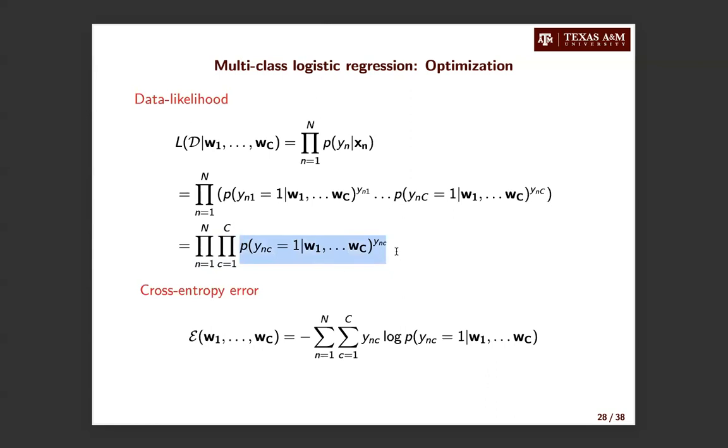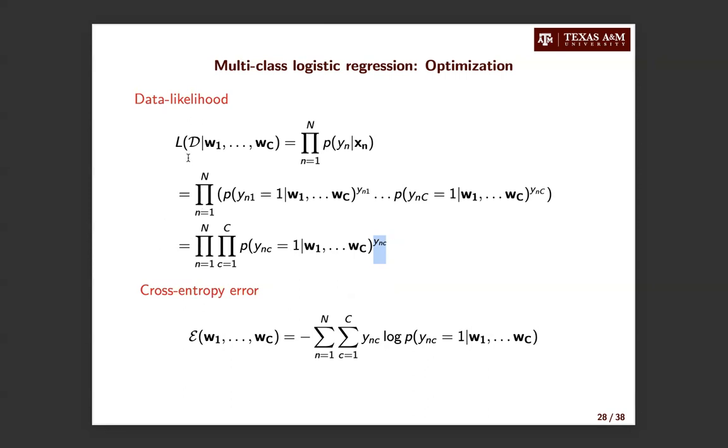And this probability is the probability of observing the class c given the weights, raised to our label y_nc. And this is the c-th element that corresponds to the one-hot encoding of our sample yn.